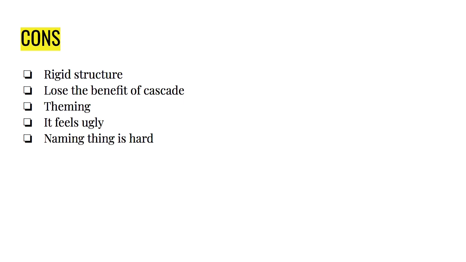You can do theming in it as well, but there are many other ways that do theming really well, like preprocessors such as Sass and Less. And obviously it feels ugly. By ugly I mean the syntax, the double dashes, the double underscores. And naming things is hard. We all have to come up with a good name that any developer can read and understand what is happening here, right?